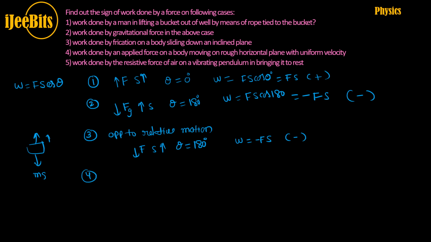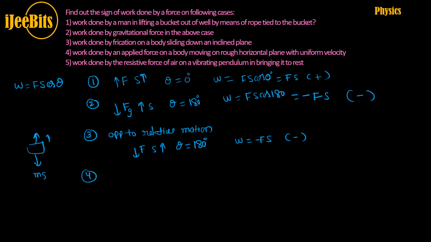Right? What would be the fourth one? Work done by applied force on a body moving on a rough horizontal plane with uniform velocity. This is what is given. The body moves along the direction of the force. This is clearly mentioned.